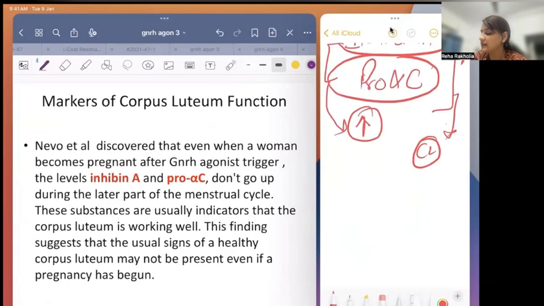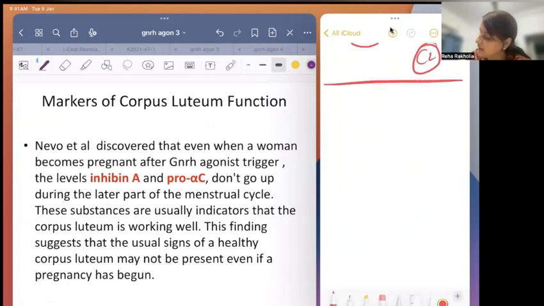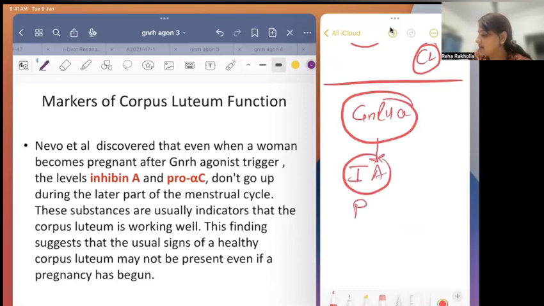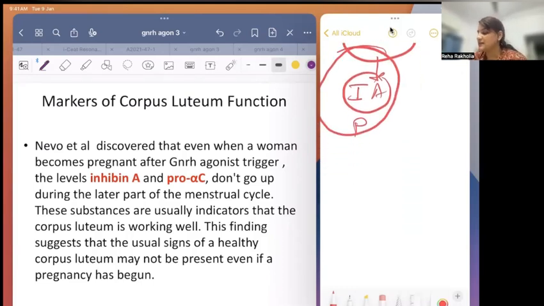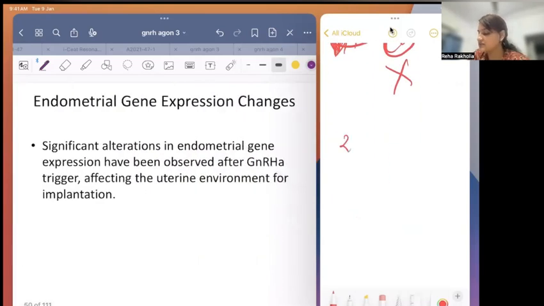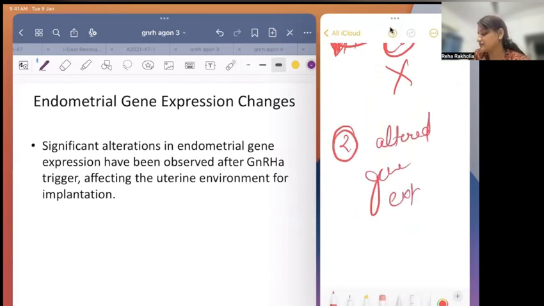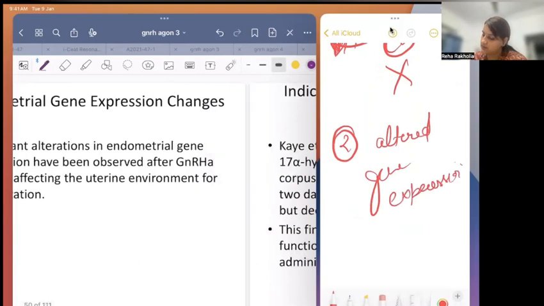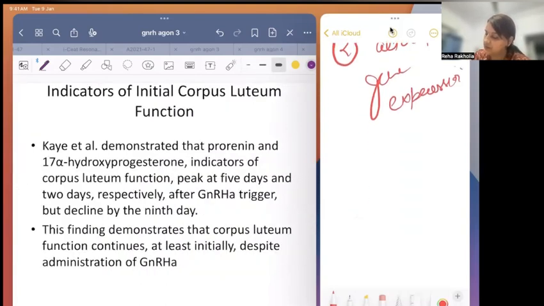But after giving a GnRH agonist trigger, these two, inhibin A and pro-alpha C, both go down. That means the corpus luteum is not healthy. And second, there is altered gene expression, an indicator of initial corpus luteum function.